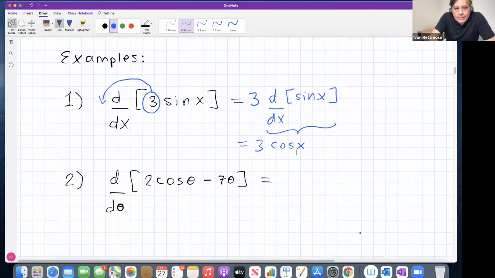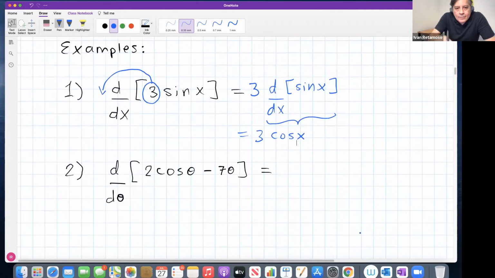Number 2, they are asking us to take the derivative of this function, 2 times cosine of theta minus 7 times theta, with respect to theta. Guys, warning, do not confuse this theta with 0. It's not 0, it's theta. It's a letter from the Greek alphabet: alpha, beta, theta. So let's do this. First, allow me to distribute the derivative over this difference. Remember, derivatives behave nicely over the sum and the difference of two functions.